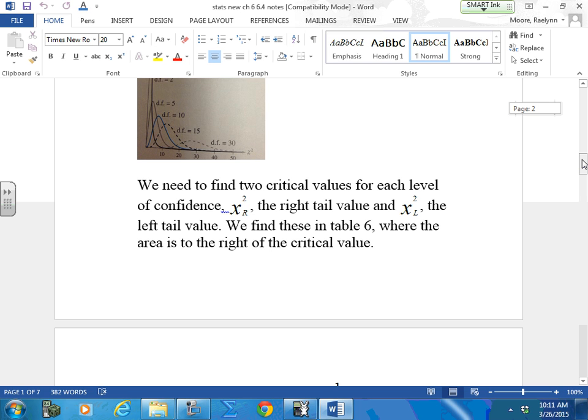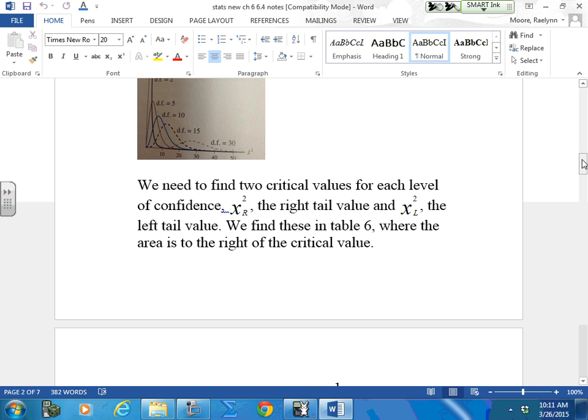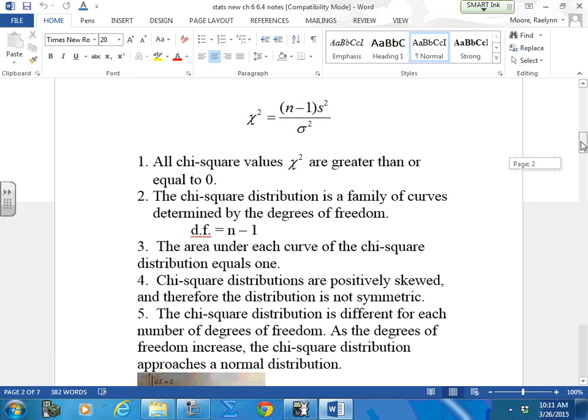If you notice, this starts at 0. Your normal curve has negatives and positives: negative standard deviation to the left, positive to the right. That doesn't happen on this one. This goes totally to the right. And where your z is your area to the left, this one is your area to the right. So it works very opposite than your z.